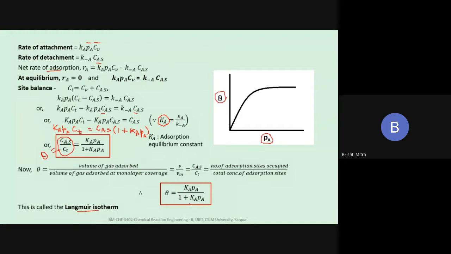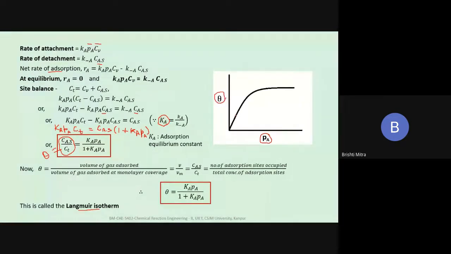If one is ignored, these two terms get cancelled out, and theta essentially becomes a constant value. So the plot has a linearly increasing nature in the beginning, and then it flattens out into a plateau. That means at low values of partial pressure, theta is directly proportional to the partial pressure, and at high values of partial pressure, theta becomes a constant value.